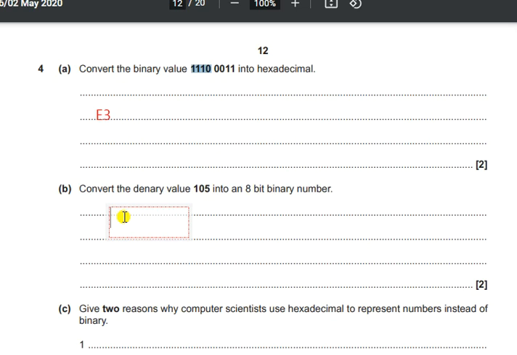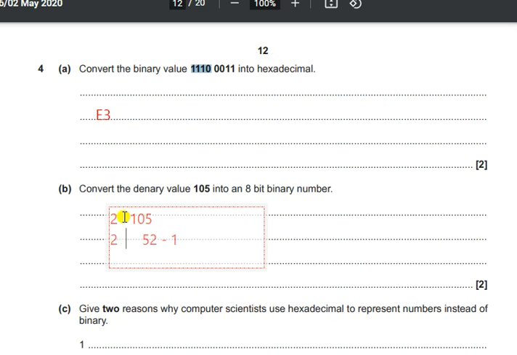So we divide 105 by 2: 2 52s are 104 and the remainder is going to be 1, and then again we will divide 52 by 2.